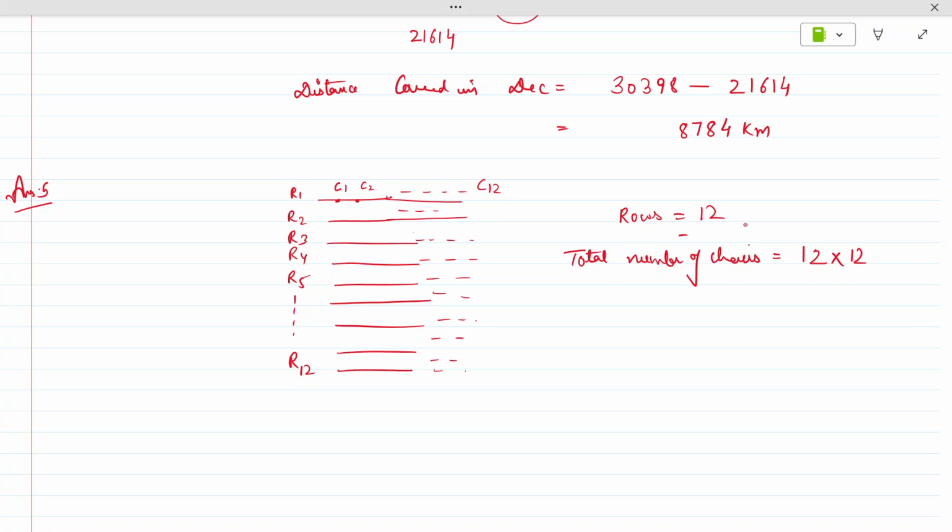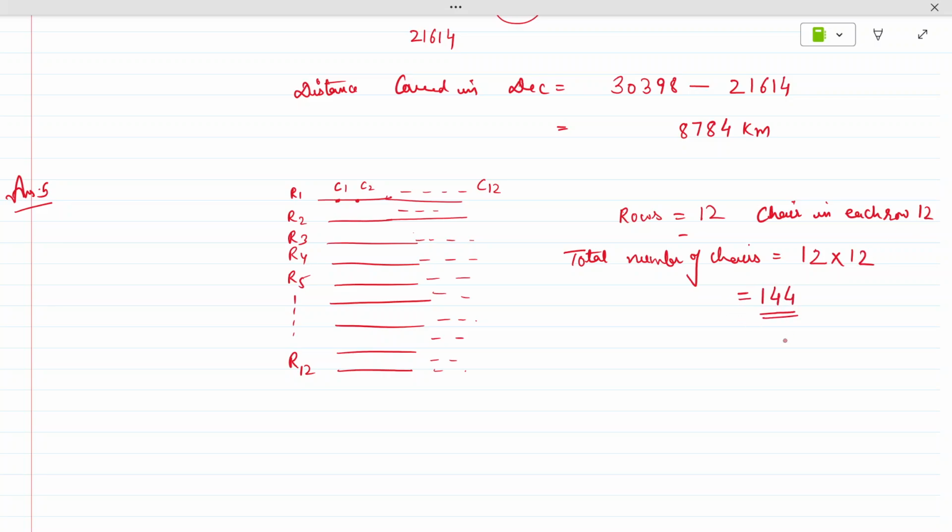Number of rows are 12 and chairs in each row is also 12. So 12 multiplied by 12 will give us total number of chairs 144.